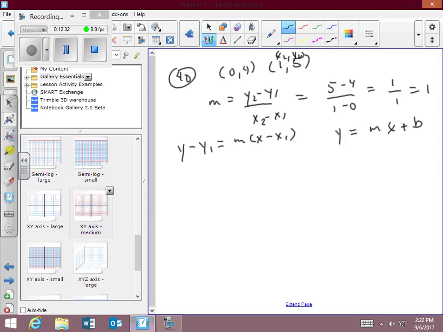I'll take that back. That was in the last section. But this equation says if you know the slope and you know the y-intercept.